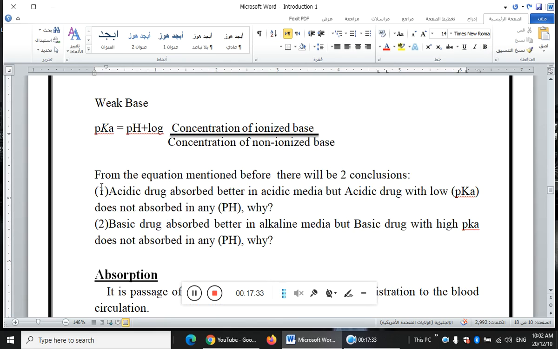From the equation mentioned before, we get two conclusions. Acidic drug is absorbed better in acidic media, but acidic drug with low pKa does not absorb in any pH. Why?